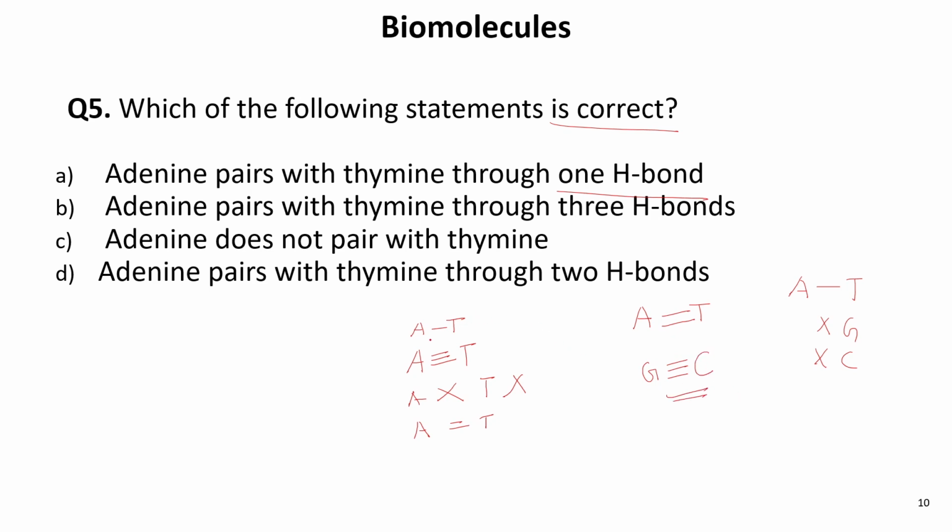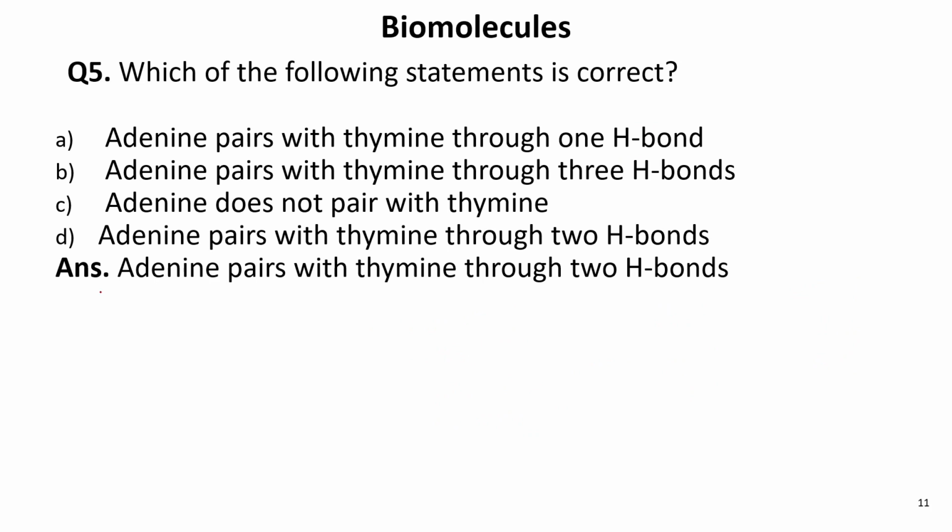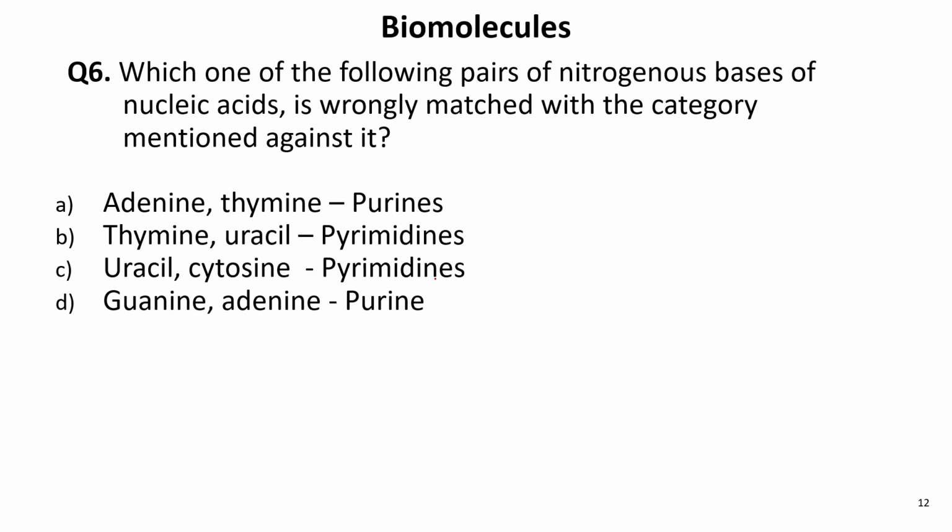So the first option, 1 hydrogen bond, is incorrect, and 3 hydrogen bonds is also incorrect. Adenine pairs with thymine with 2 hydrogen bonds is the correct option. So our answer is D.